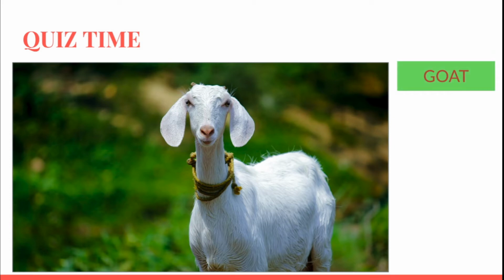Now there is a difference between the goat and the sheep. Actually sheep generally have a thick fiber or thick hair, and the goats generally have a very smooth and lesser quantity of hair. But there is one goat which is available in Jammu and Kashmir which also grows thick hair, and you find this animal in northern India.